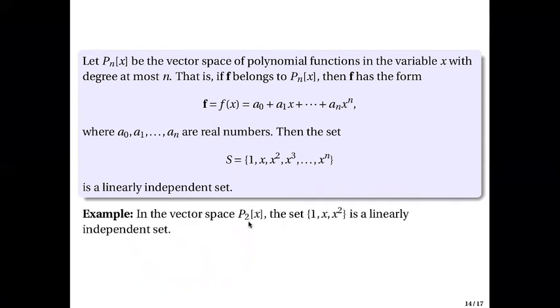So in P2, the highest exponent will be 2, so you'll just have the set 1, x, and x squared. That's your S here, and this set is linearly independent in this vector space P2. Questions?